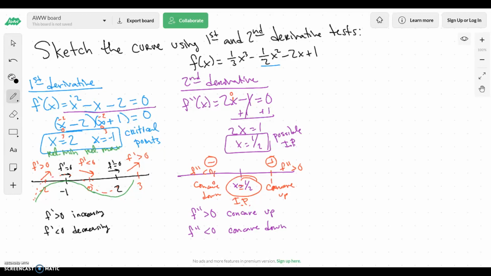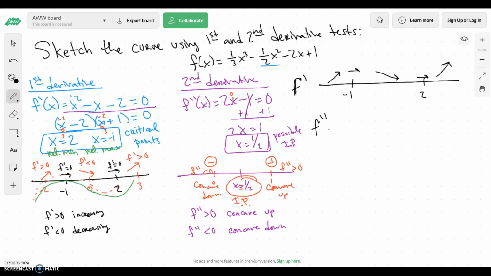So let me write down everything that I know from my first derivative. For my first derivative, I know that here I have -1 and 2. These are my critical points. Here I have increasing, 0, then it's decreasing, 0, and then increasing. Okay, that's for the first derivative. So this is what f prime tells me.